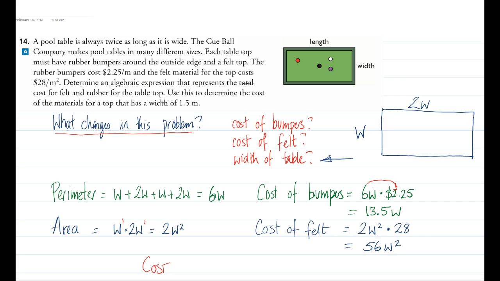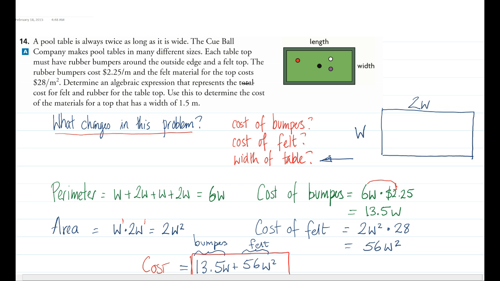So the total cost is going to be 13.5W, that's for the bumpers, plus 56W squared, which is for the felt. And now that I've got this overall expression, I can use this algebraic expression to find the cost for any pool table as long as I know W.